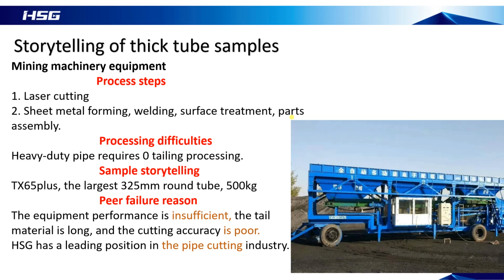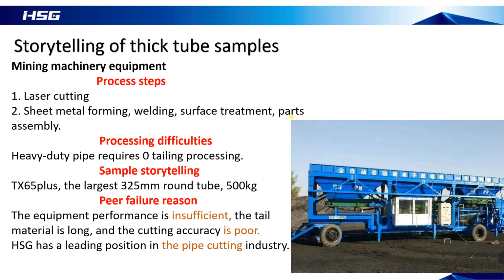This TX65 Plus was born to deal with the processing of this heavy-duty pipe. It can cut out 325 millimeter round pipes, with loading weight up to 500 kilograms. And we have TL500, the maximum bearing weight is 1.5 tons.